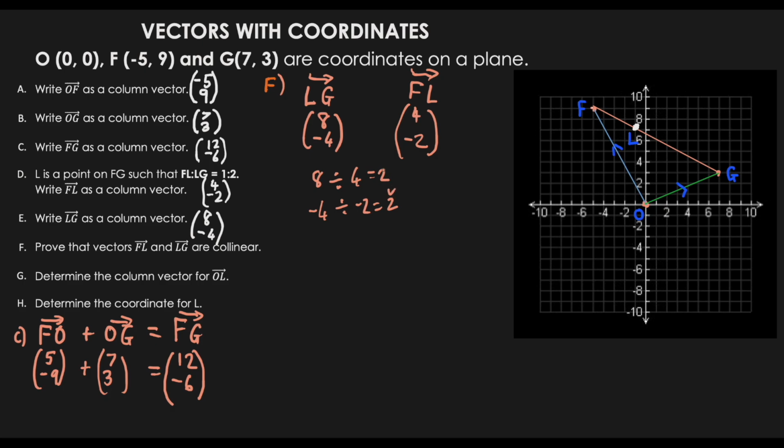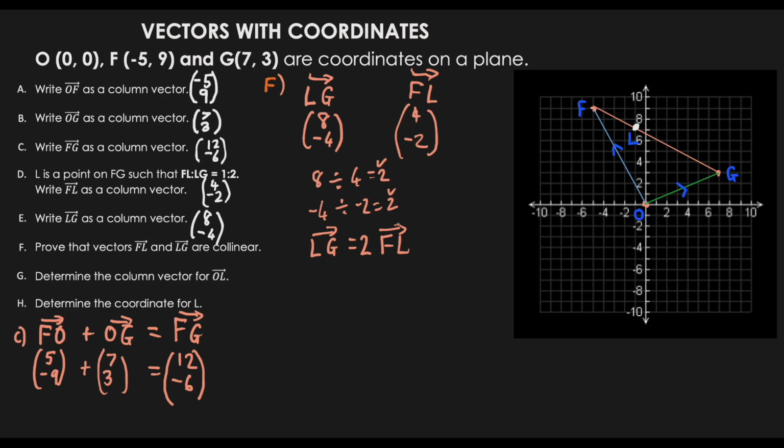Because both are the same, I know that they were multiplied by each other in some form. So LG is twice the size of FL, because both of these values had to be multiplied by 2 to get this here.